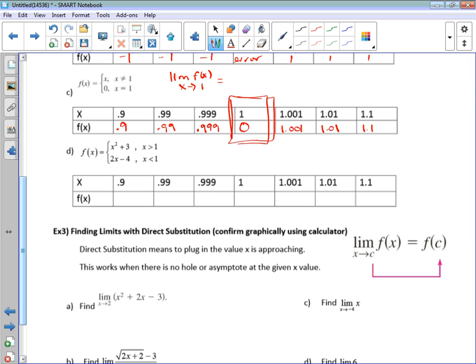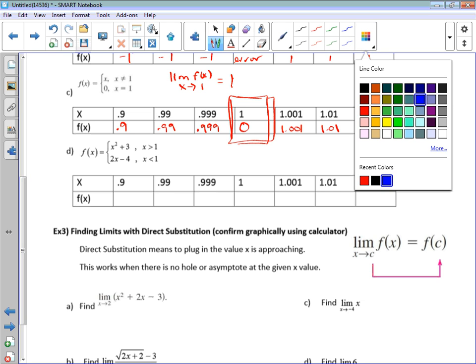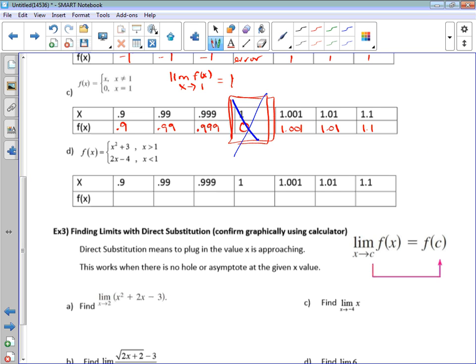What's happening on the left and the right side of it? Yeah, they're all going to the same place. What are they going towards? 1 or 0? I heard both. Going towards 1, right? 0.999 is getting really close to 1. 1.001, that's close to 1. It does not matter at all that this is 0. We don't care.